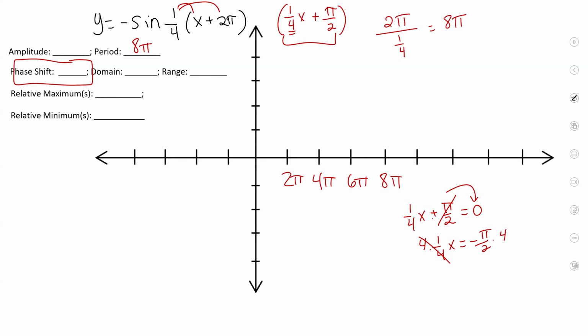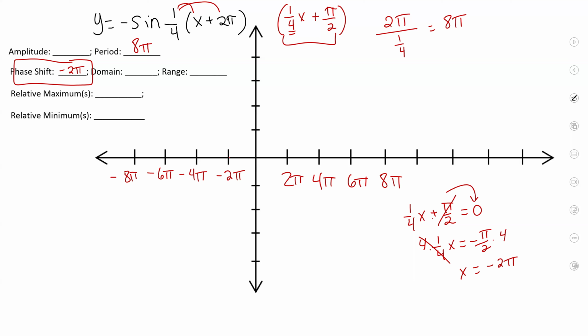So it looks like you get x is equal to -2π. So that means we need to move to the left 2π. So let me extend what I have over onto this side. I really just need to write it until here, because we're just going over -2π.